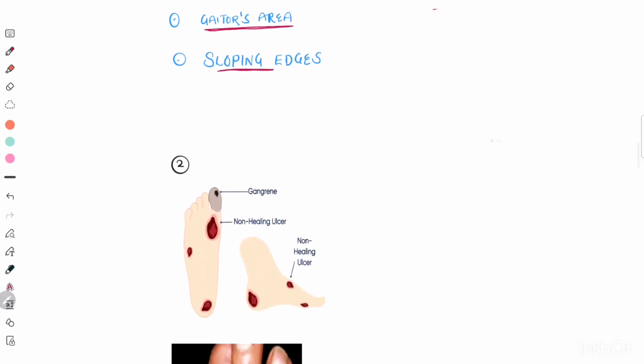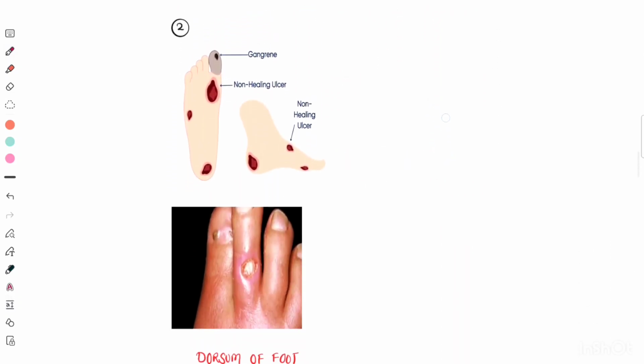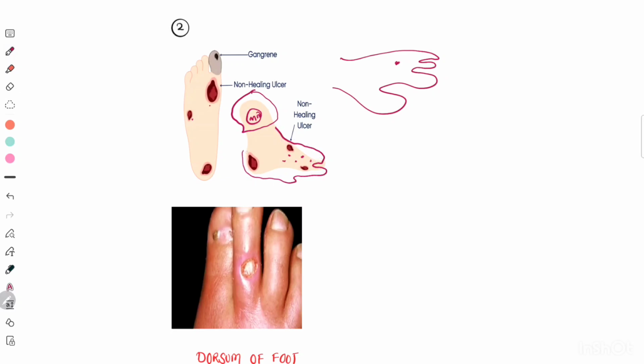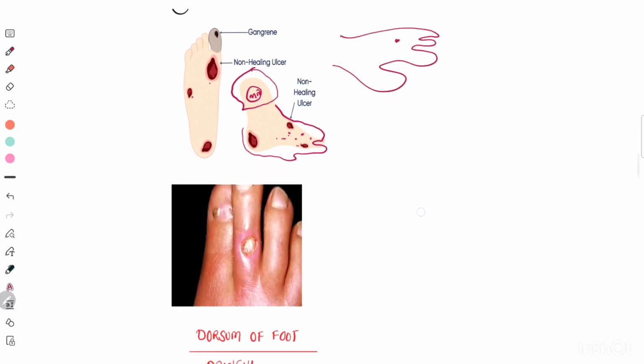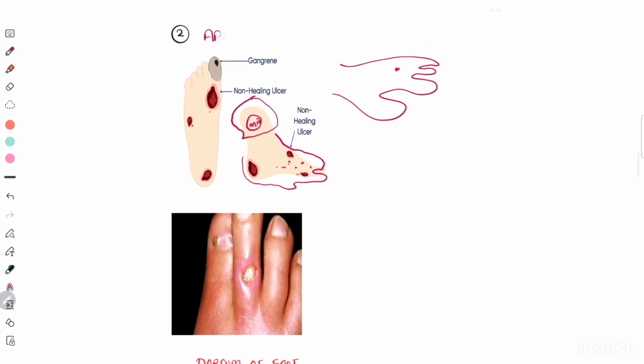And in the second case, let's assume there is a case which presents with an ulcer at the dorsum of the foot, and in the distal area, like here. A venous ulcer mainly occurs here at the medial malleolus, but if the patient presents with an ulcer at the distal end of the foot, then you can think of an ulcer known as an arterial ulcer.